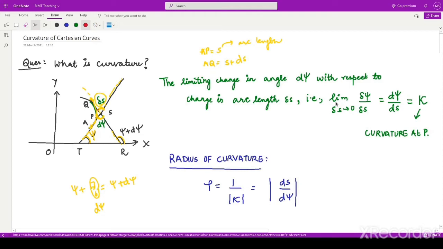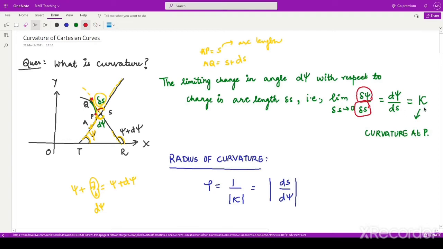So whatever is the change in this particular angle due to the change in this arc length, the small distance PQ, whenever this small distance goes to 0, that means the point P and the point Q are sufficiently close to each other, then we say this is equivalent to d psi by ds, the derivative of this angle with respect to this arc length.